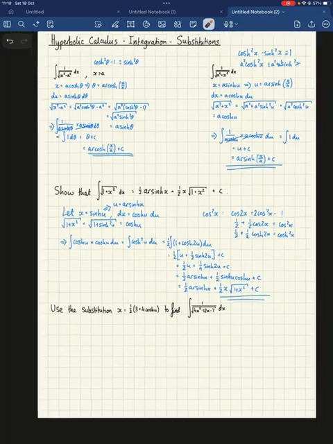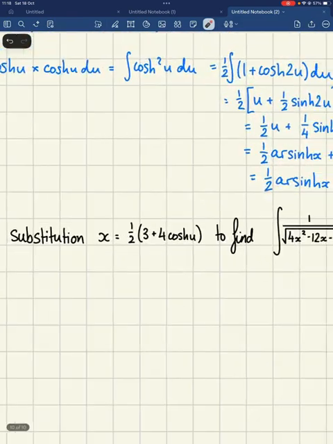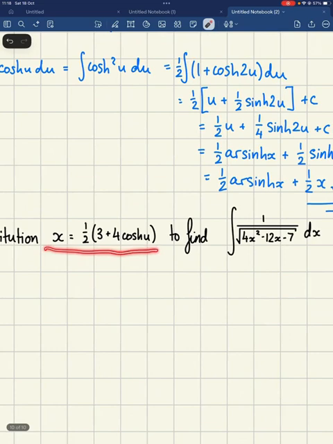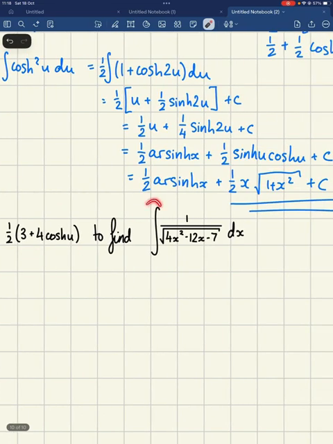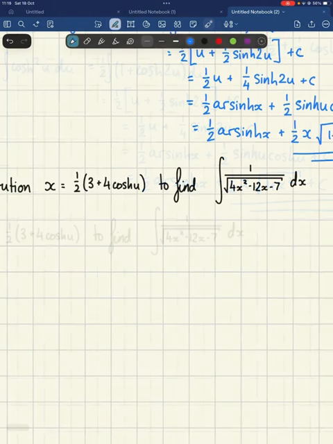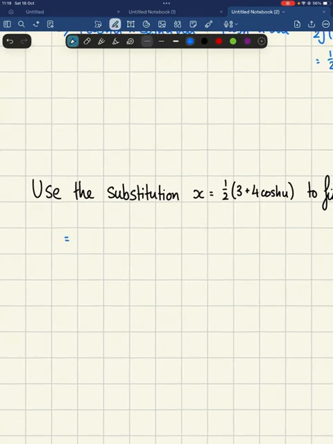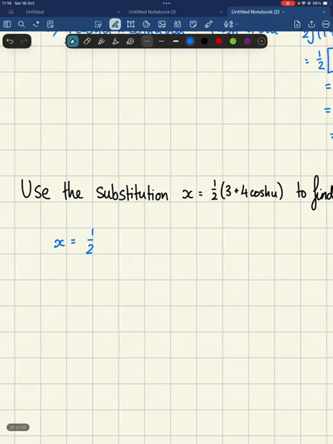So now, one last question. Use the substitution x is a half of 3 plus 4 cos u to find this integral. Well, we're told what to do. We have to substitute x for a half of 3 plus 4 cos u. So let's just do that. So our integral, we're going to put x is equal to a half of 3 plus 4 cos u.